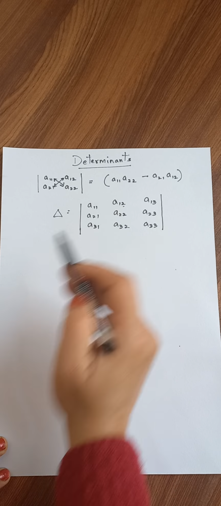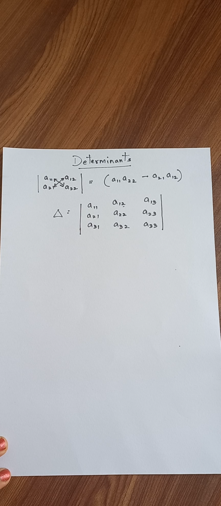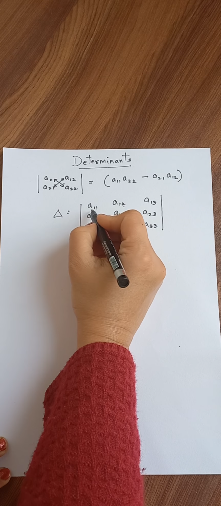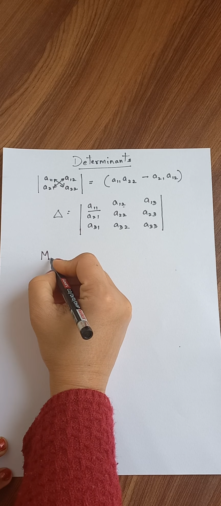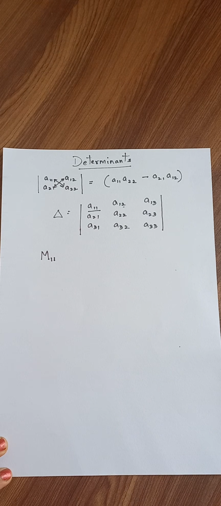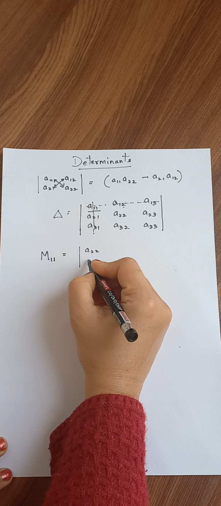Suppose we have to find the minors of this determinant. a11 occurs in the first row and first column, so to find the minor of a11 we delete the first row and first column of this determinant, delete this part and this part, and the remaining elements come here.